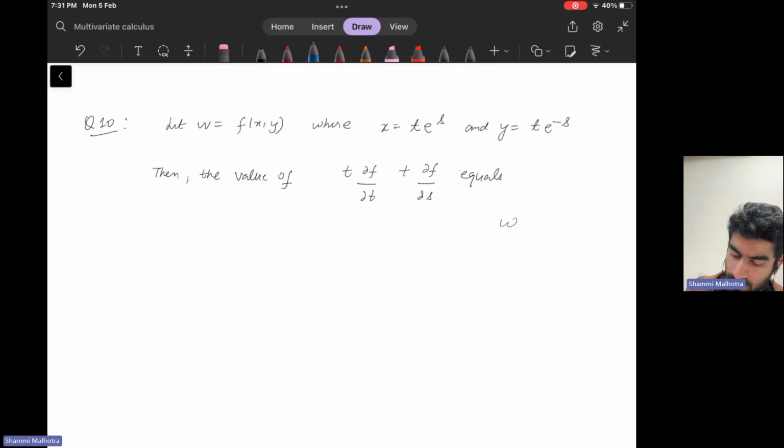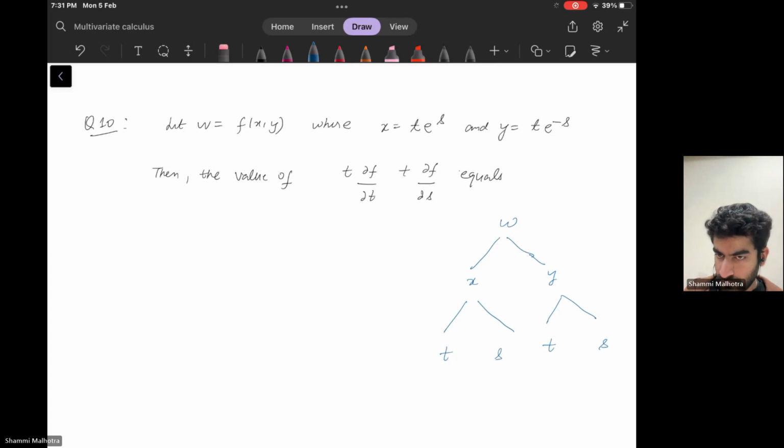So I know my W is a function of x and y, and my x and y are again functions of t and s. So if you would like to find W or f, it's up to us.